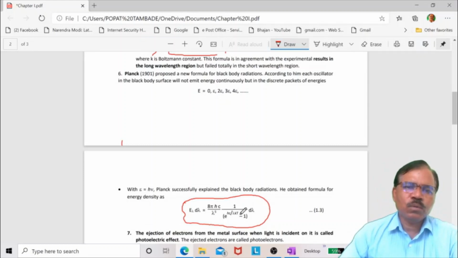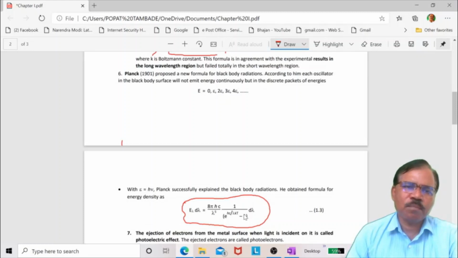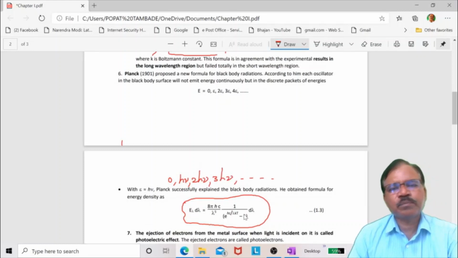In order to give this formula, Planck assumed that energy emitted by the black body is in the form of small packets having energy either 0, h nu, 2 times h nu, 3 times h nu, and so on.